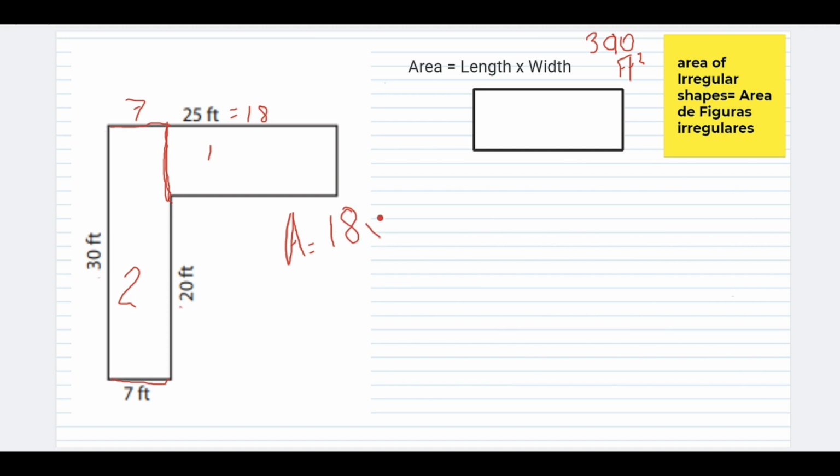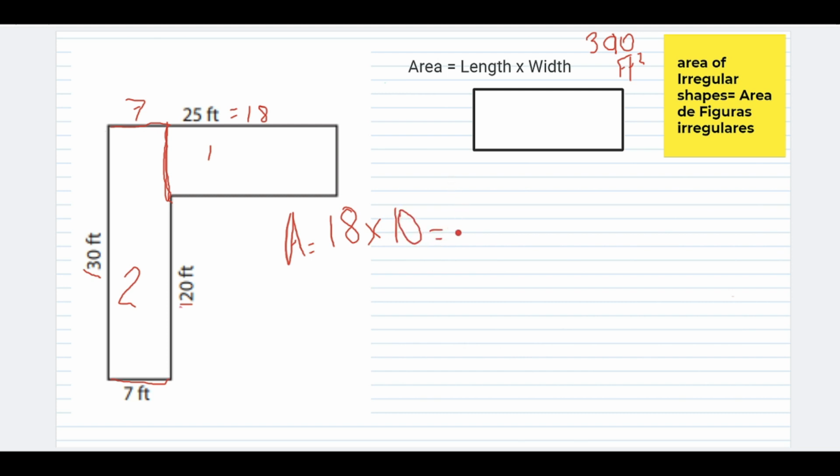Now, what about the width? We know that from this point to here is equal to 30. That is for the first shape. But for this one, from this point to here is equal to 20, so we subtract 30 minus 20, which is equal to 10.